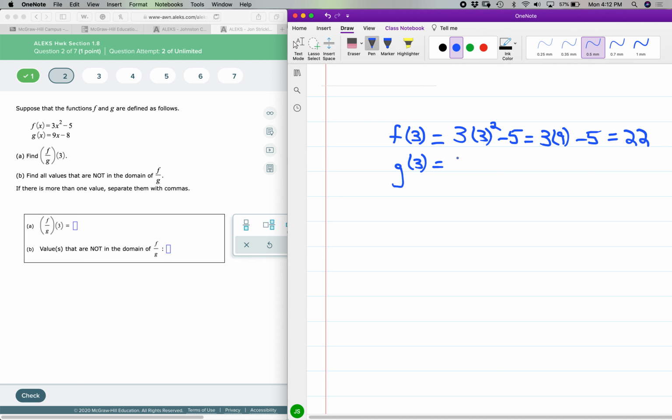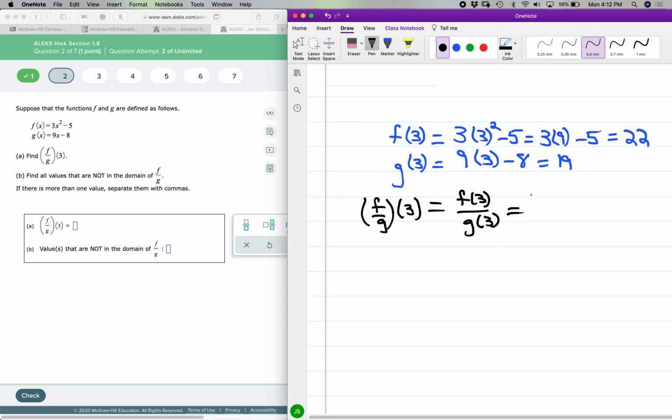As for g of 3, we have 9 times 3, which is 27, minus 8, and 27 minus 8 comes out to 19. So for f over g of 3, we have f of 3 over g of 3, and that is going to end up at 22/19.